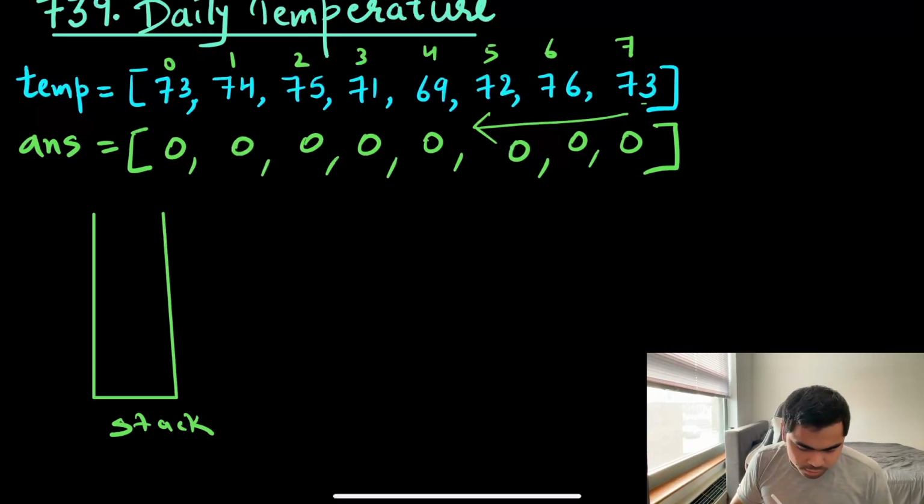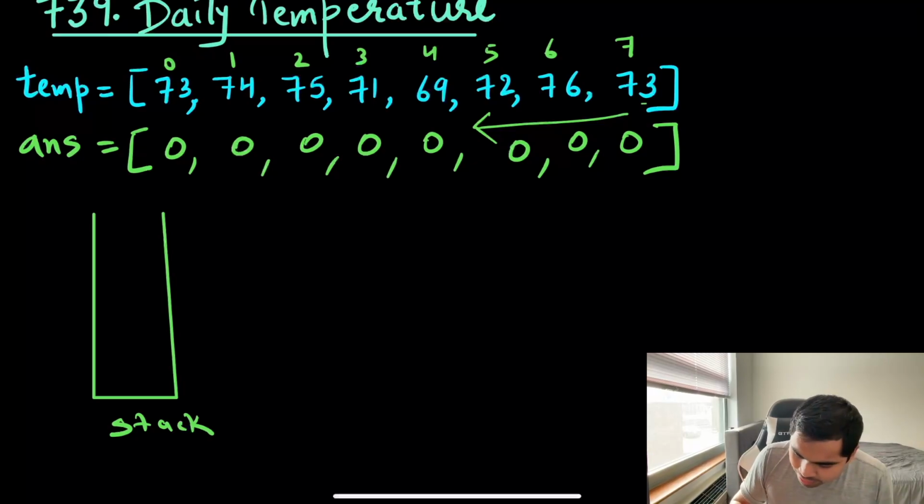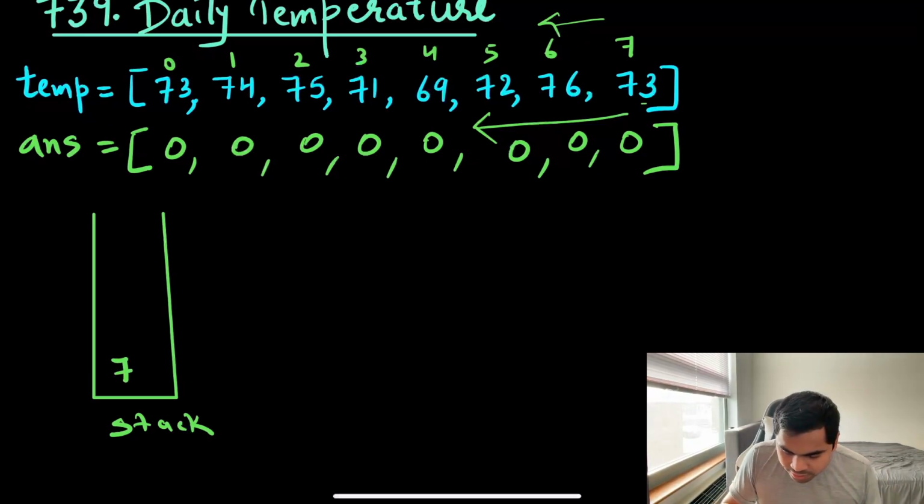So let's go ahead and iterate over our temperatures. I see 73. For 73, since there is nothing in my stack, that means I have not seen any greater temperature than 73. So I'll move on to the next, but before that, I will put 73, or 7 as the index, so that I can access 73 using index 7.